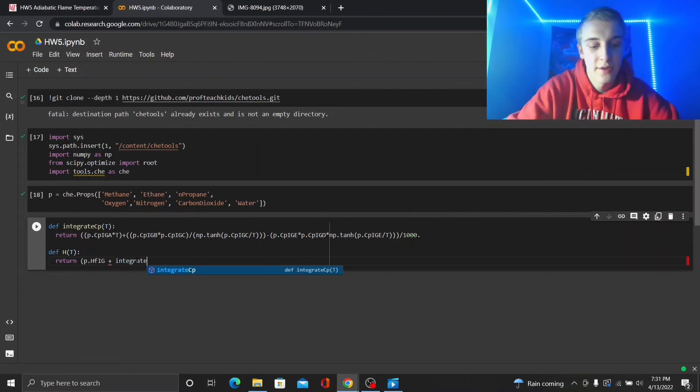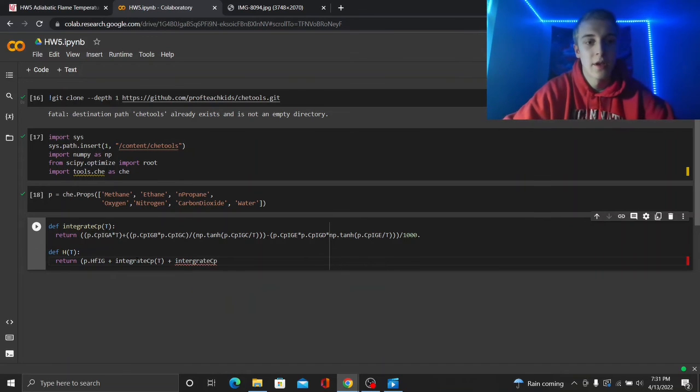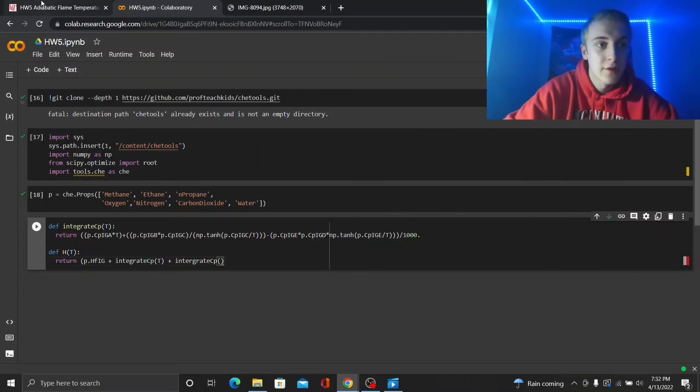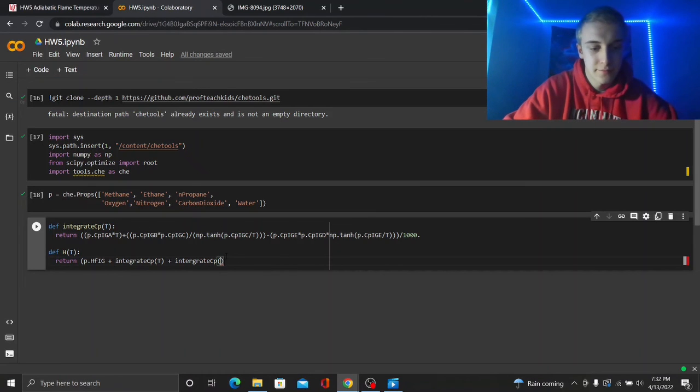So integrate CP at our desired temperature, and then also integrate CP at our room temperature, or standard state temperature from our problem, of 298 Kelvin.